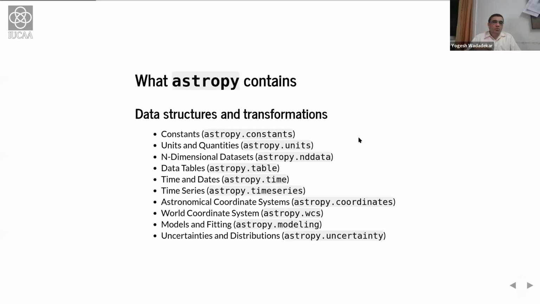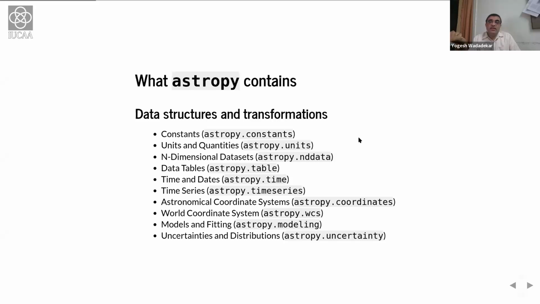Okay, so what does Astropy contain? First of all, it defines a large number of data structures and transformations that are unique to astronomy. So it defines astropy.constants. For example, astronomers use the Hubble constant to measure the rate of expansion of the universe. Nobody else uses it. So that is defined in astropy.constants. You will see that there is a parallel between many of the packages that we saw in SciPy and their equivalents in Astropy.